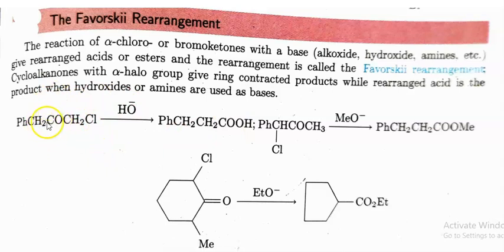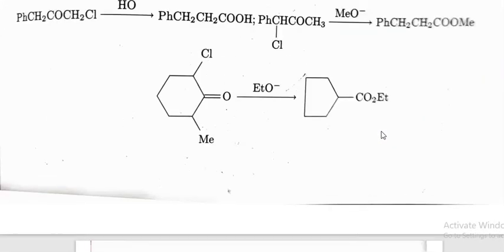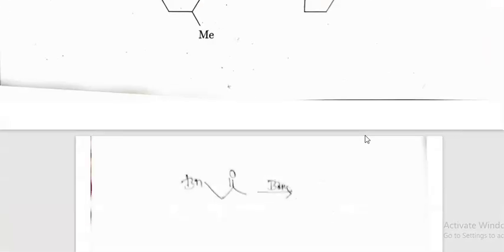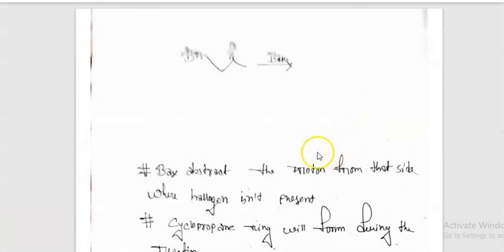So you can see this compound which abstracts a proton from HO negative to form carboxylic acid, and also this can react with the base, methoxide ion, to form an ester. Okay, so let us discuss the mechanism of Favorskii rearrangement.